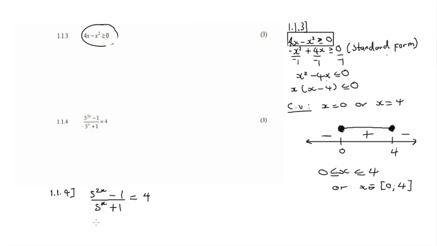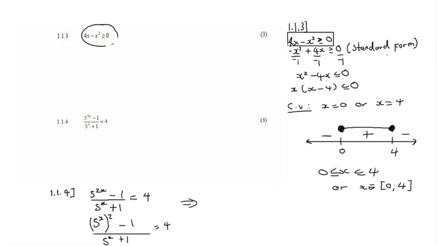So the first thing I'm going to do is rewrite the numerator, the power of 5 exponent 2x, as 5 exponent x outside the bracket, all squared, minus 1, divided by 5x plus 1 equal to 4.